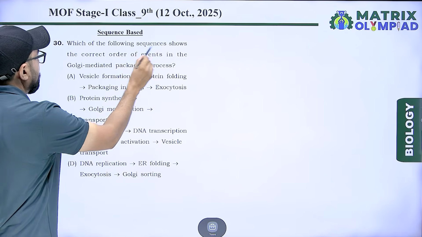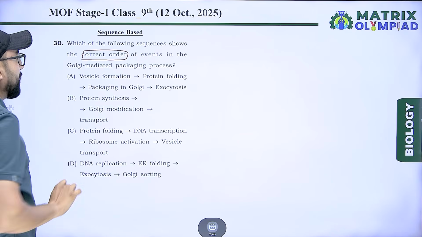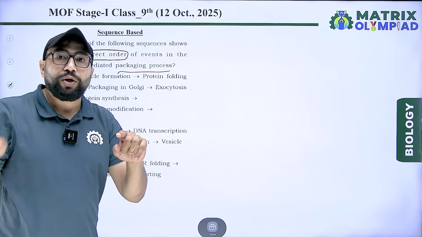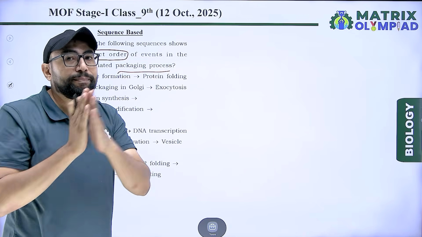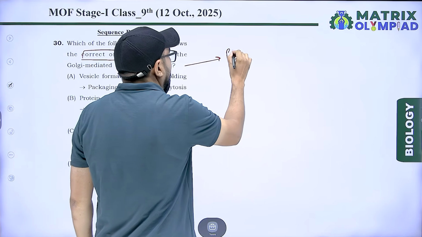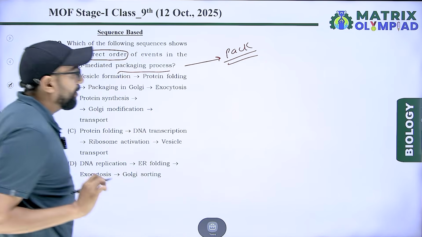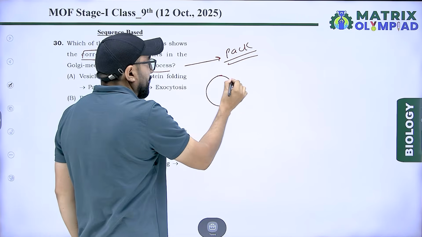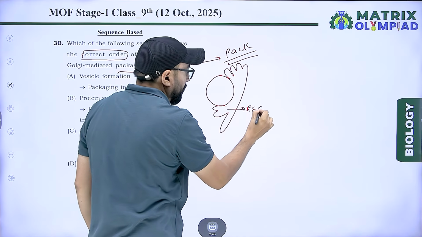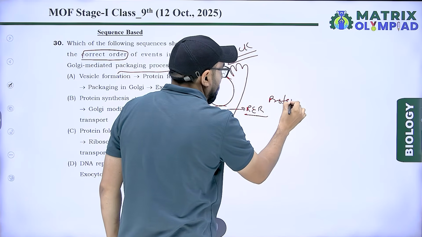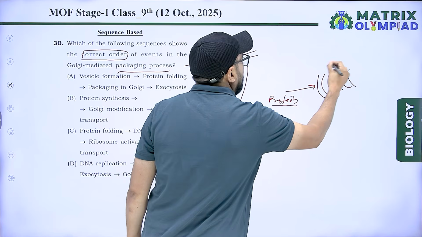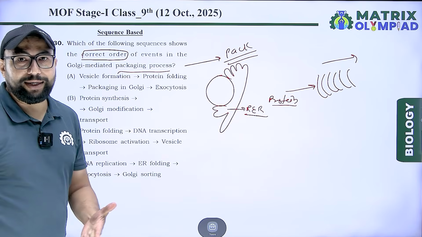Which of the following sequences shows the correct order of events in the Golgi mediated packaging process? In the Golgi apparatus, we know it packs all material. Like in the RER, protein is formed, then the protein is packed in the Golgi body and then transported to its target site.